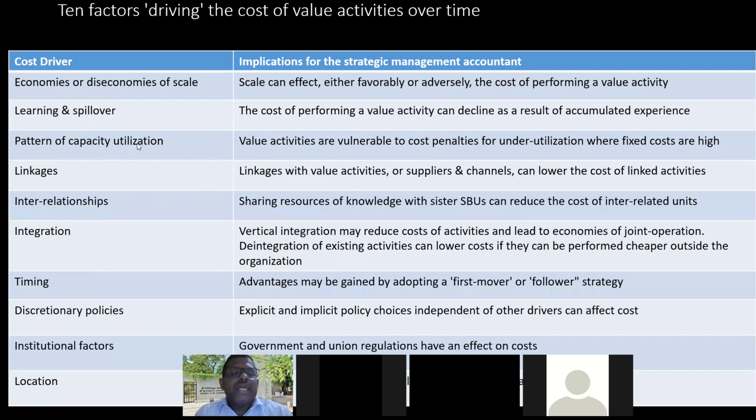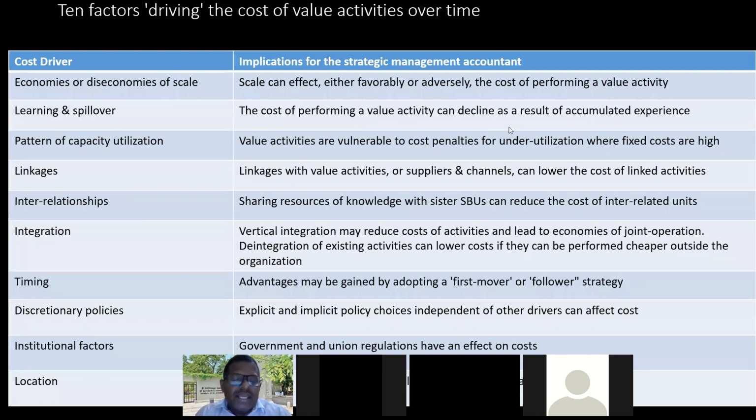Pattern of capacity utilization. Value activities are vulnerable to cost penalties on under-utilization where fixed costs are high. Certain activities need to incur certain fixed costs, but even though your production or the capacity reduces, the cost remains the same. For example, rent. If you rent a particular land or building, whether you perform or not, you have to pay the rent.